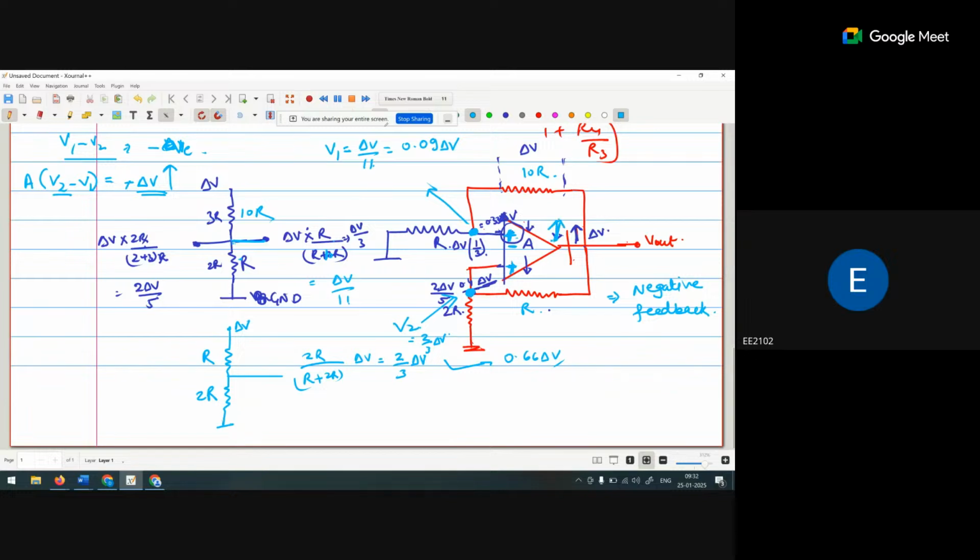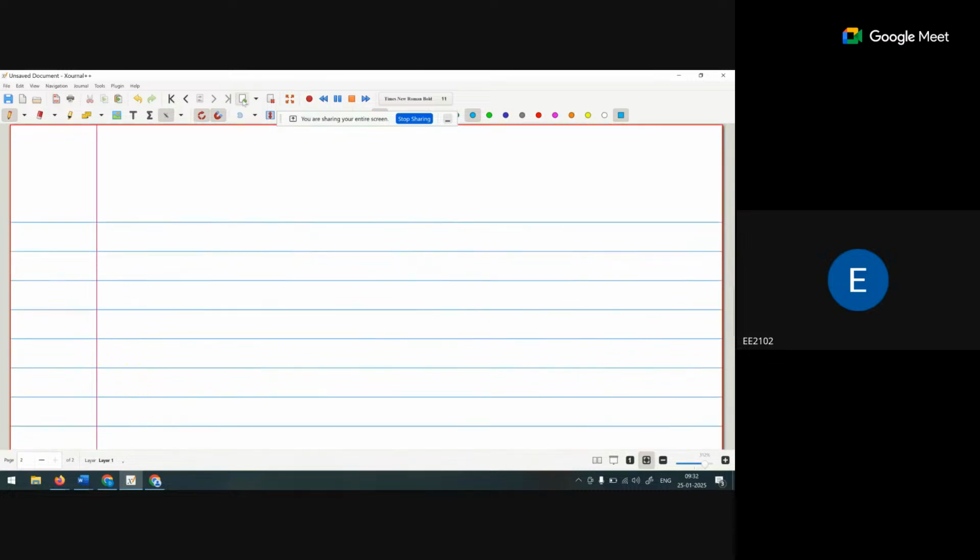The variation in the voltage is positive, and the signal coming back through the loop is also positive. So there is no negative feedback. On the basis of the diagram, we can identify which terminal is which.